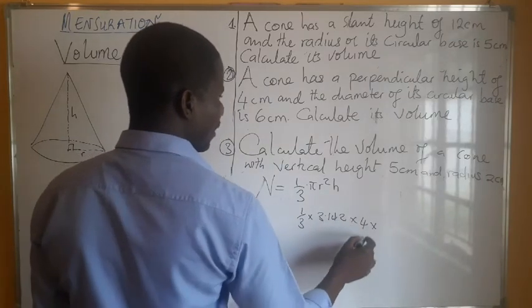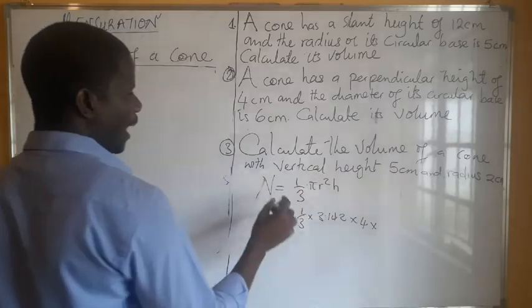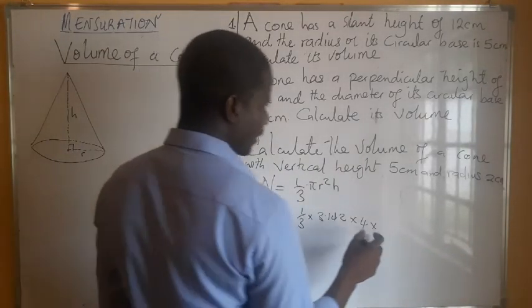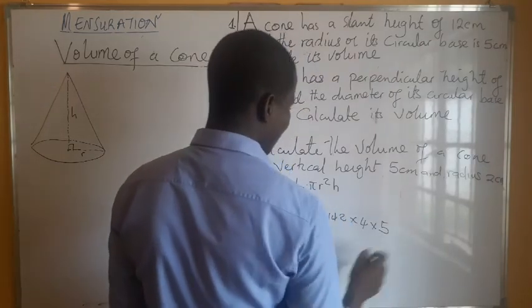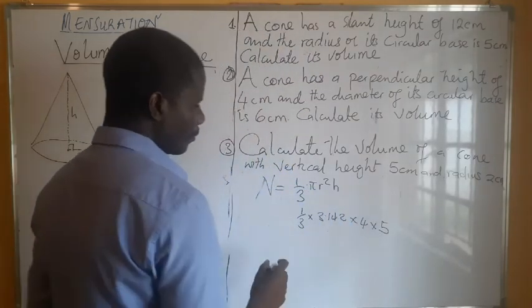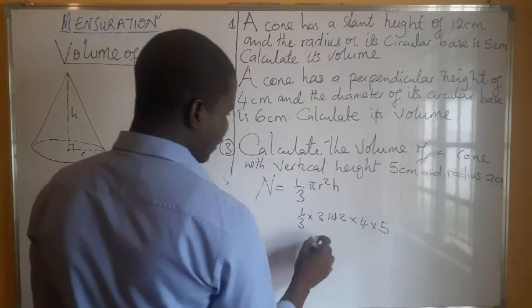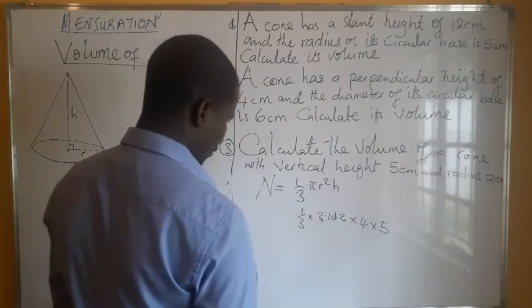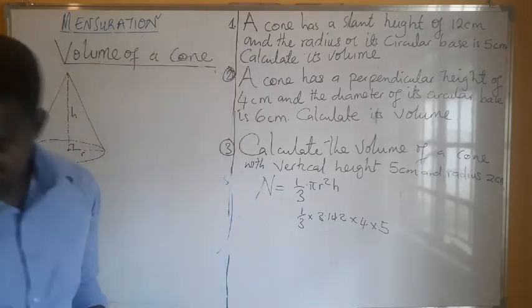Multiplied by our vertical height. Vertical height is the same as the perpendicular height, and here it is 5.